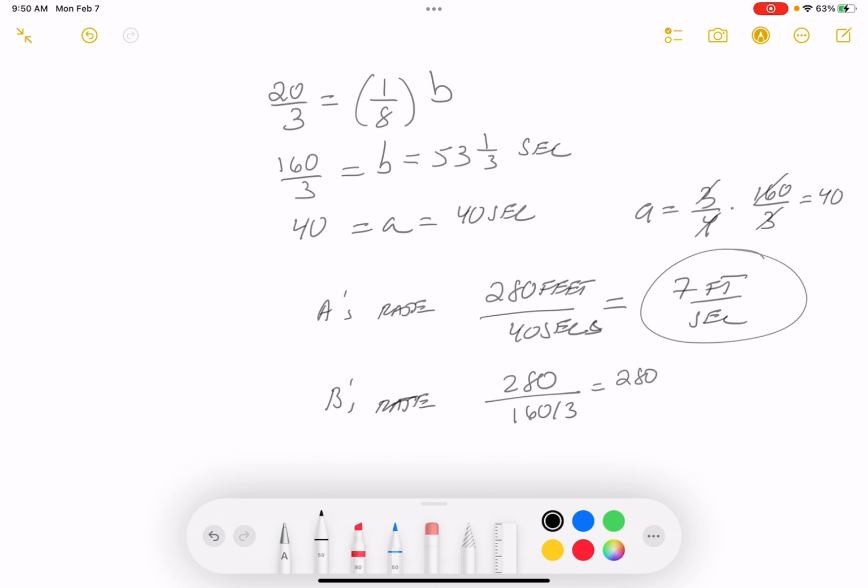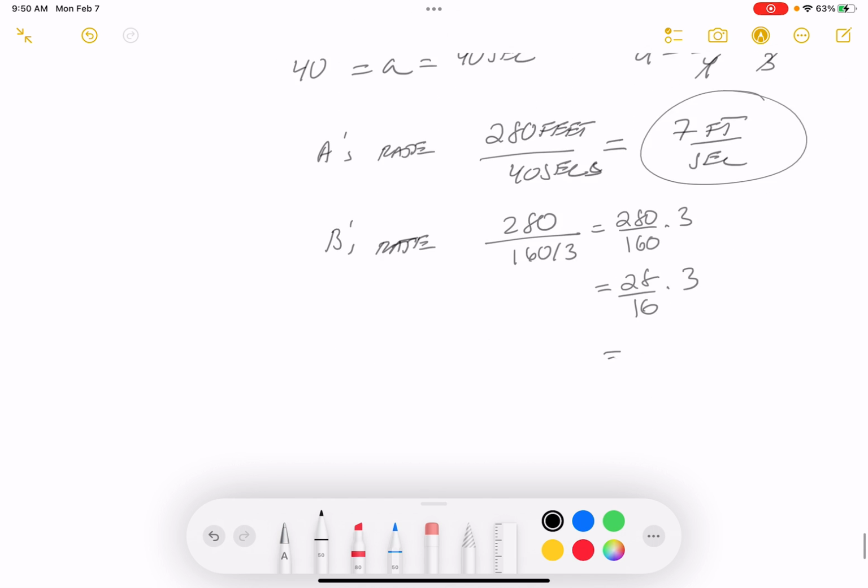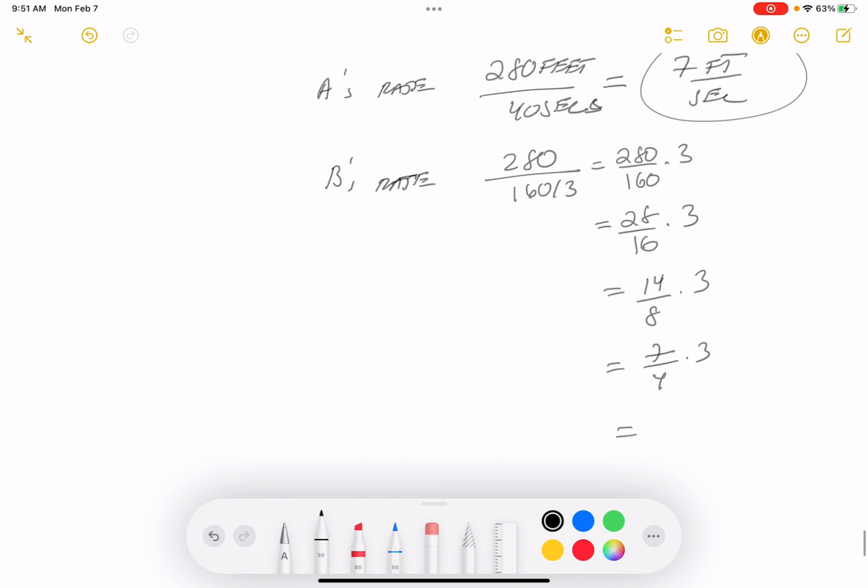So 280 over 160 times 3. 28, 16 times 3. 14, I'm just dividing by 2. 8 times 3. 7/4 times 3. And that would be 21/4. And what is that going to be? 5 1/4. So B's rate, and we'll look at the key next, just to make sure I'm doing this right. The B's rate is 5 1/4 feet per second.